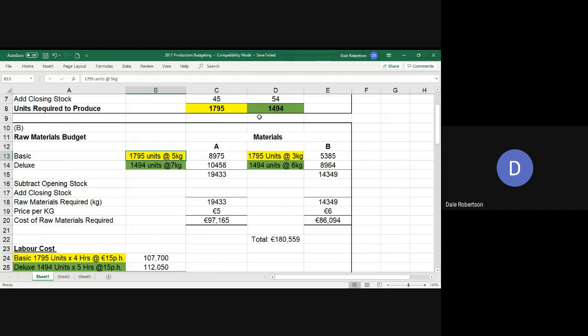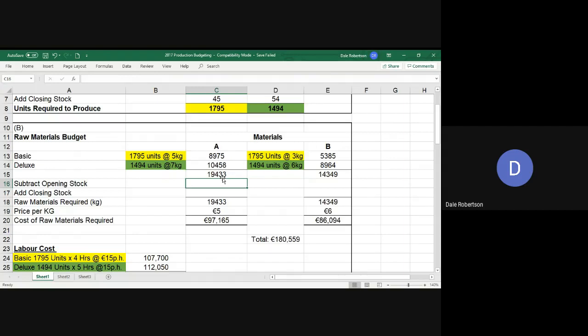And then you take your 1494, which is green, and it's 1494 by 7, according to the question, for material A, and by 6, according to the question, for material B. And when you get those two things, you add them up, and this is how much of A and B we will be looking for. However, we must factor in that we have opening stock and closing stock.